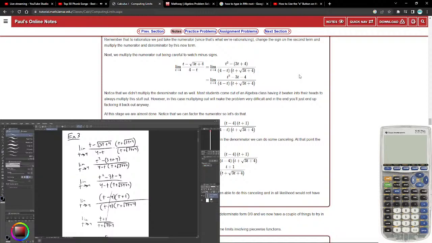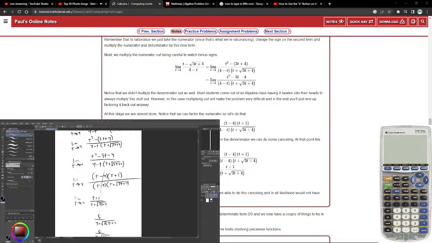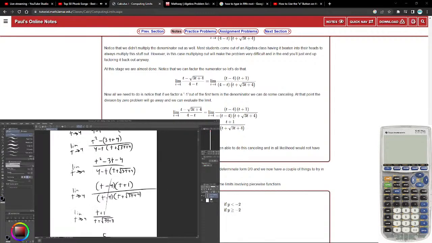At this stage, we're almost done. And we can factor t minus 4 t plus 1. T minus 4 t plus square root of 3t plus 4. Alright, good so far. Did I plug in the 4 wrong? Now all we need to do is notice that if we factor out a negative 1 in the first term in the denominator, we can do some canceling. Oh, it's 4 minus t. You can't. Oh, crap. Okay.